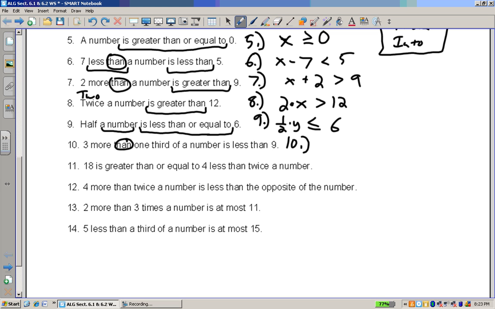So that word than, we're going to switch. We're going to put the 3 at the end and whatever else at the beginning here. 1/3 of a number, so we're going to do 1/3 of, meaning multiplication, a number, so x. All of this is less than 9.